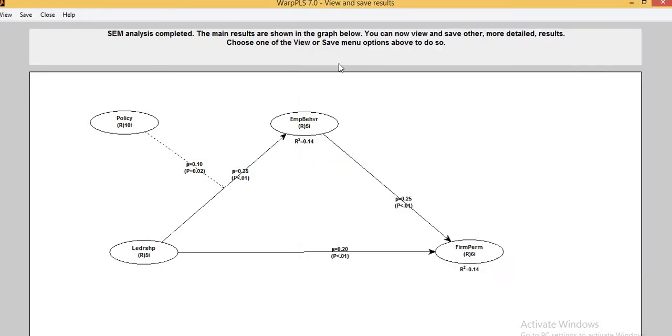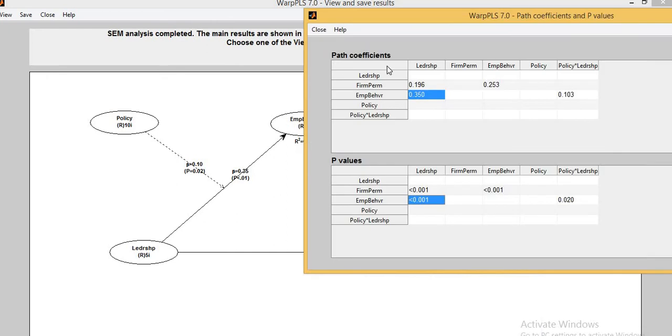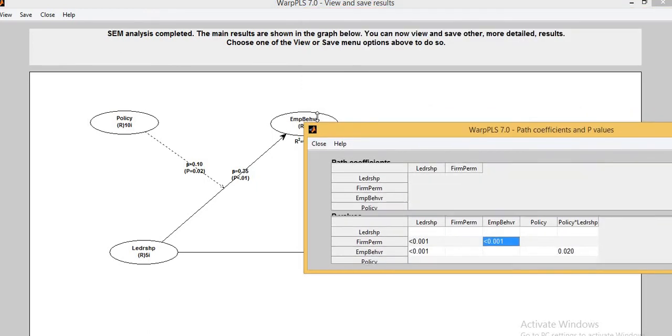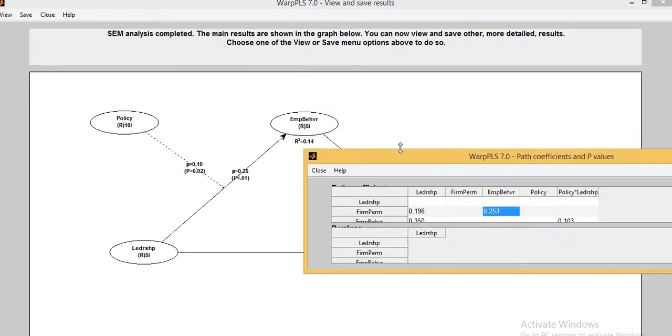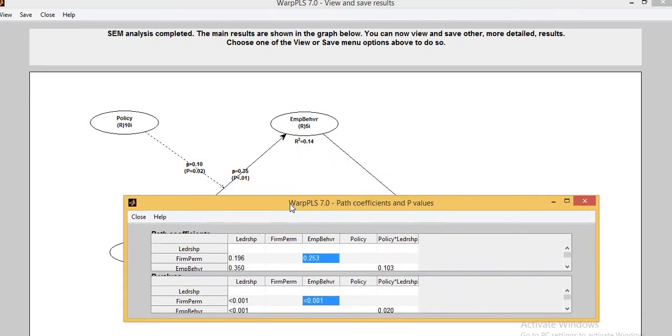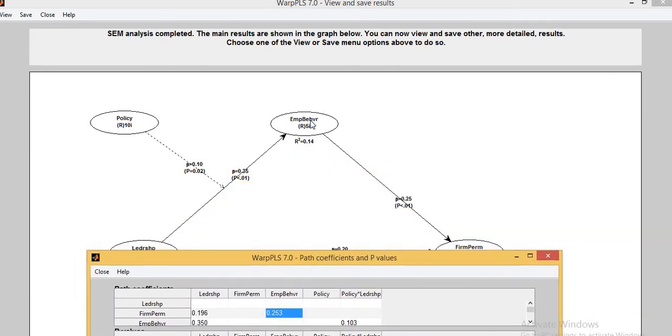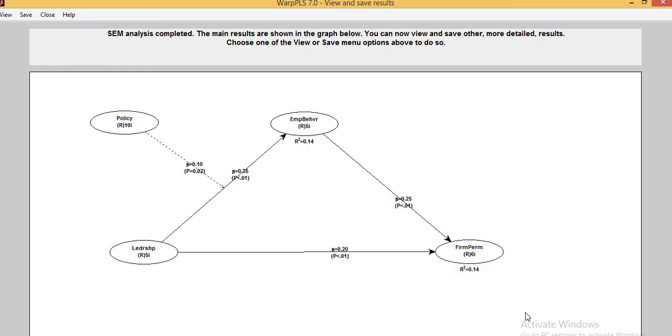And leadership impact on firm performance. Look here, this is leadership and this is the impact on firm performance, and its p value is also significant. And there is employee behavior and its impact on firm performance. This hypothesis is also acceptable. Look here, the hypothesis given here, employee behavior and firm performance, this is also accepted.